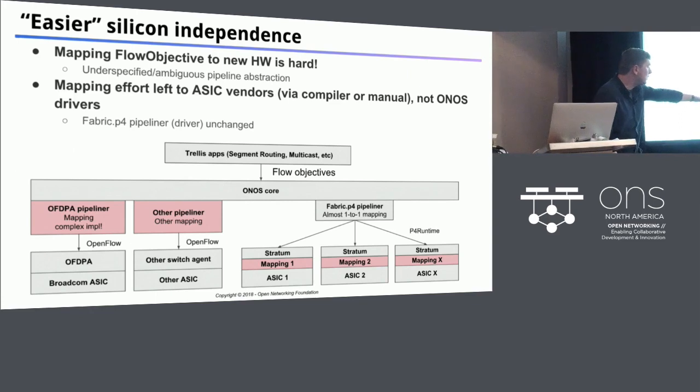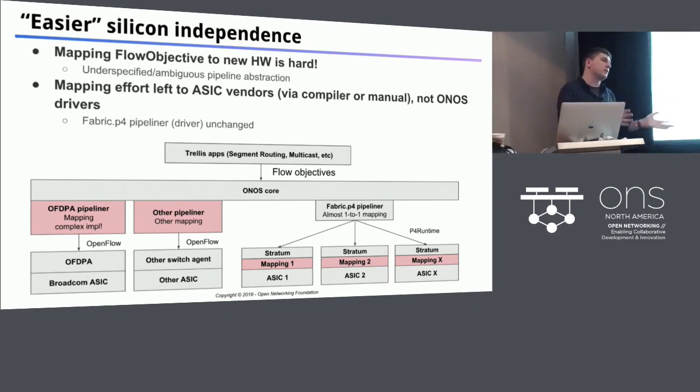In this case, ASIC 1, 2, and 3 will be different vendors. Because P4 is a formally specified language, you can use tools to help you in this mapping process, or you can even build compilers. It's definitely an easier task than writing it ourselves at the ONOS level.